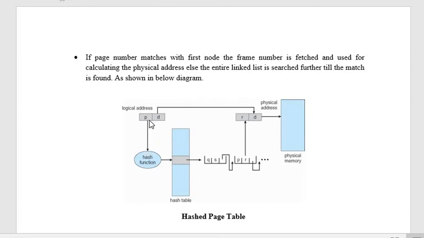Once the hash function is done, those hash values are stored in the hash table. So the hash table has the hash values for those particular page numbers. Remember that.